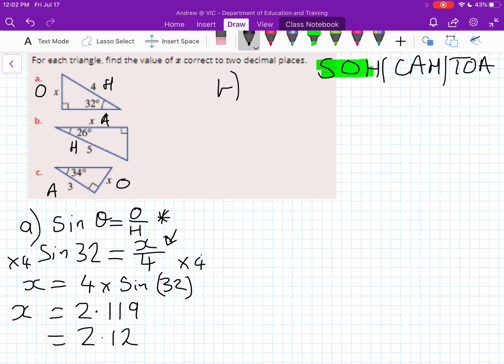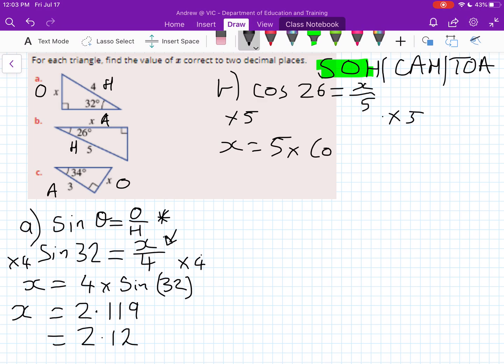So we've got cosine of our theta, which is our angle, 26, and this is going to be equal to adjacent over hypotenuse, which is, our adjacent is x, our hypotenuse is 5. So to get x by itself, we need to multiply both sides by 5. So x is going to equal 5 times cosine 26.